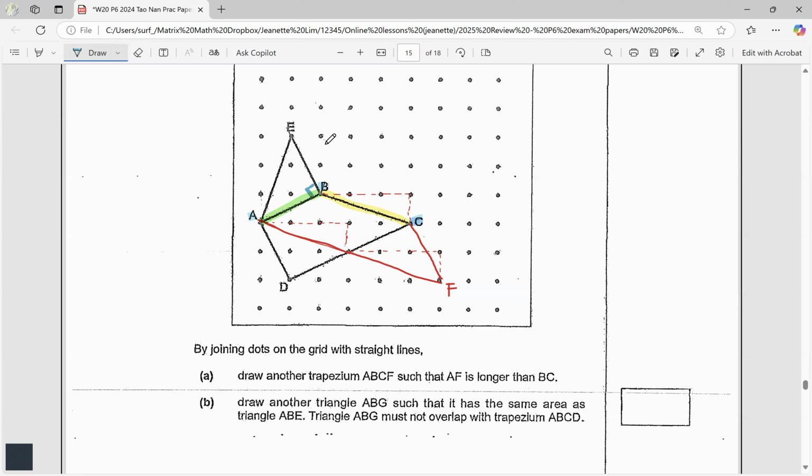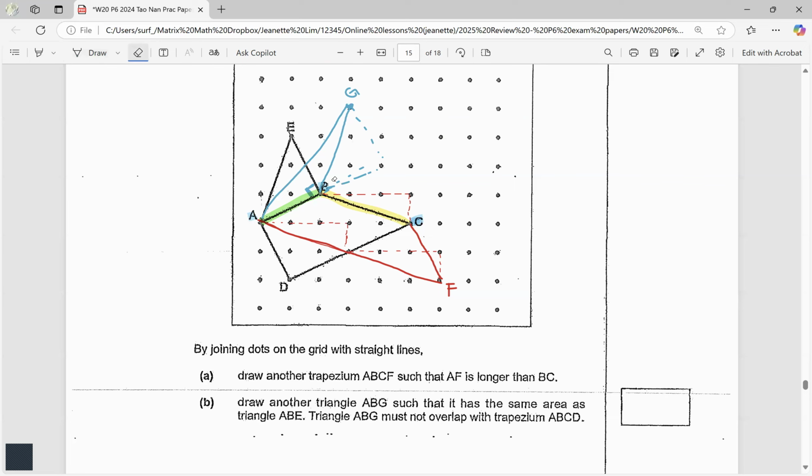So we need BG anywhere along this line, for example, this can be G. Sorry, a bit off, but the height is the same as BE. Not sure if you can see. The height is here. It's the same as BE.